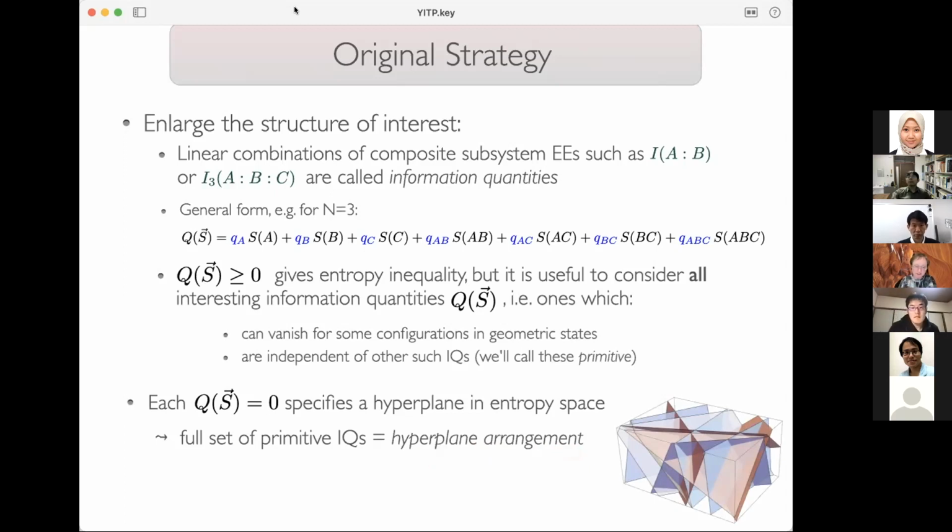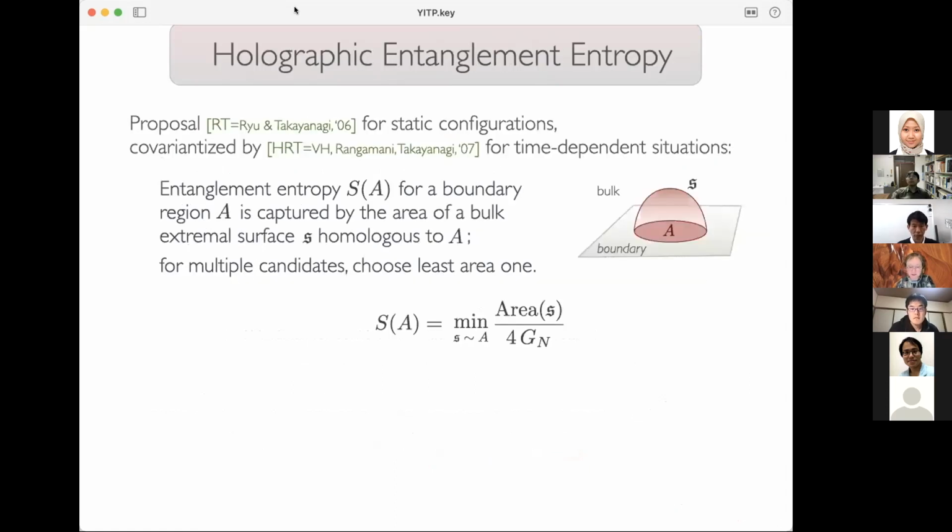Okay, the second important ingredient was to utilize holography. And there are two key aspects to this. One is simply the holographic entanglement entropy prescription, which of course you all know very well, but the thing that I want to highlight here is that in the original RT or HRT context, it was given by minimizing the area over a certain set of surfaces.